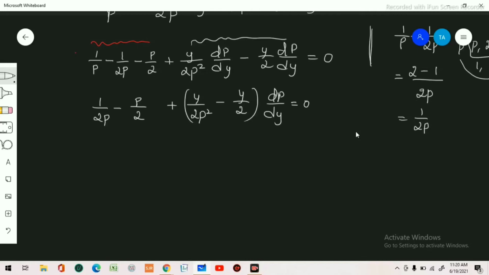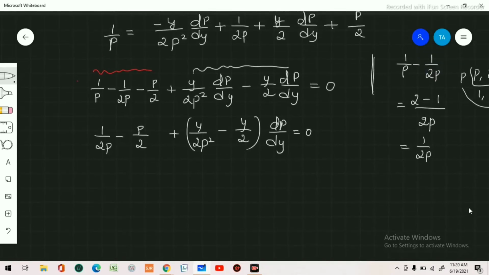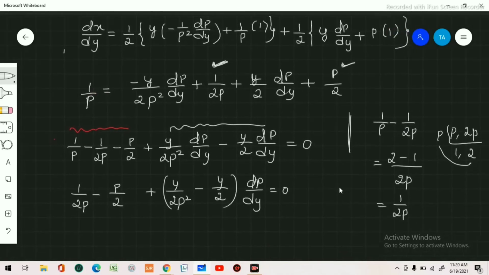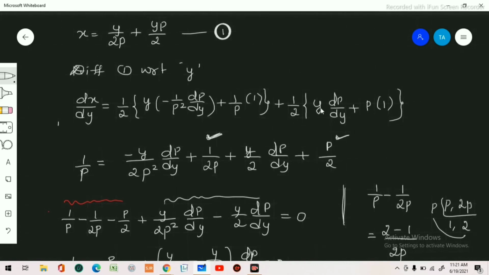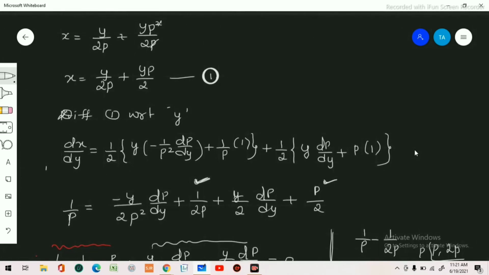Sir, explain from differentiation once more, sir. I should explain from differentiation? Okay, see. X is equal to y by 2p I have. So half I am taking out. This is my first function. This is my second function. Only for the first term I am writing.